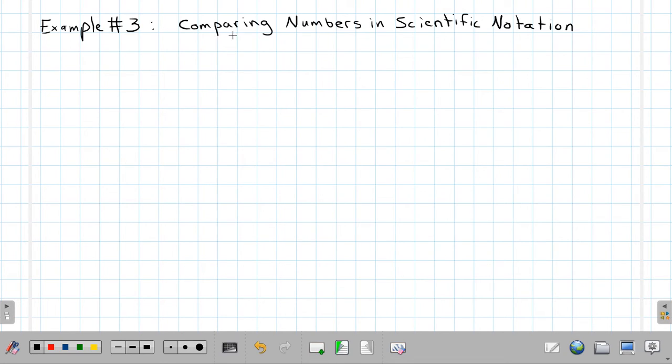That's what it means to compare two things in math. When we compare things, we want to see which one's bigger, which one's smaller, or we might even have to order things. So we might have to order them from the smallest number to the biggest number, or the biggest number to the smallest number. Okay, but just to let you know of a type of question that you could see. Okay, let's go ahead and look at example 3.